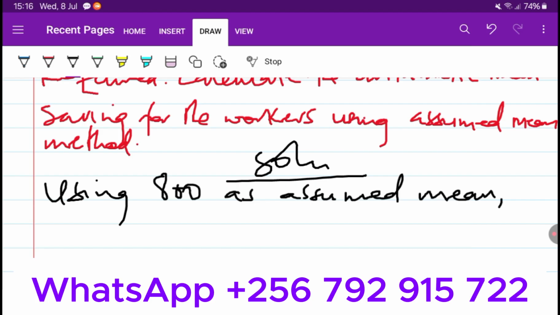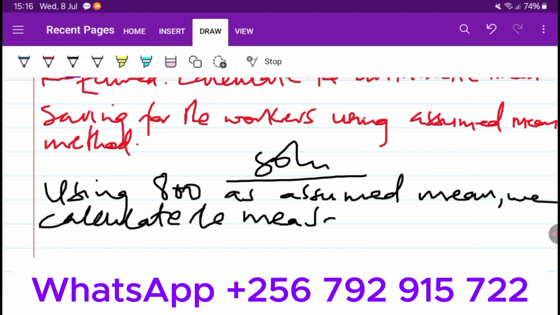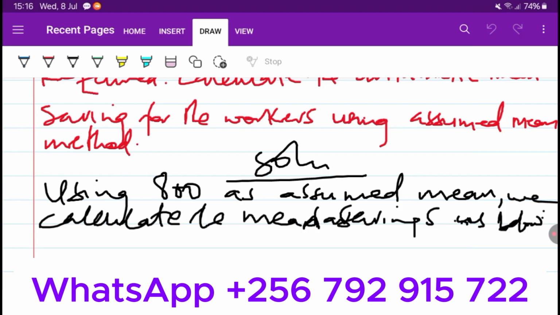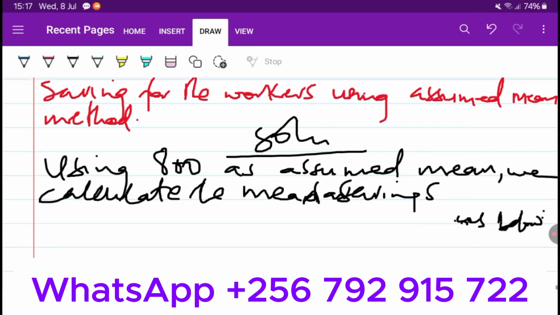So we calculate the mean savings. We have to display this data set in a frequency distribution table.